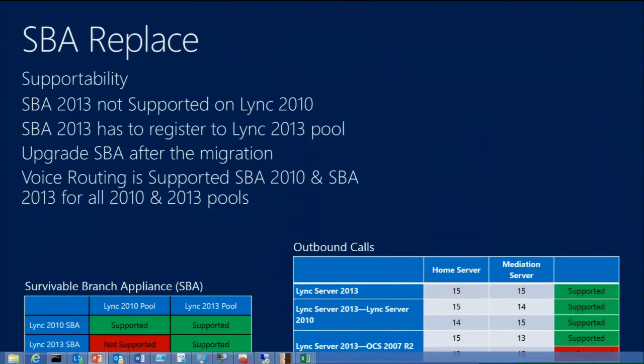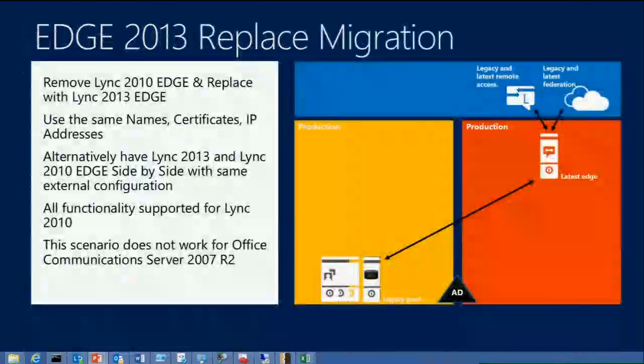SBAs. Before that, why don't we do it the other way around? Why don't we use the Edge for 2010 with the 2013 pool, and then in the end we just replace the Edge? Well, that's the same principle, but yeah, you can do that as well. But less impact on the migration, because if you migrate the Edge first, sometimes problems may appear, and it looks like it's from the new installation.